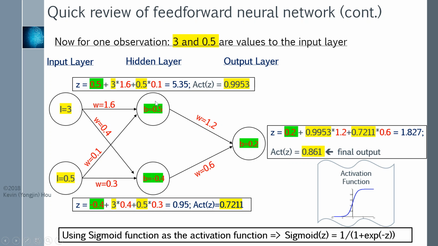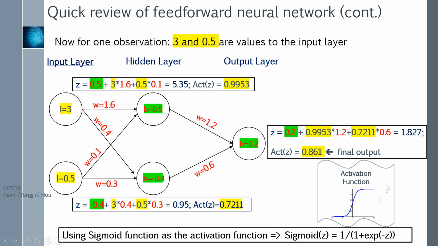We are feeding something from the hidden layer as input to here, and we know this value is 0.9953, and the weight is 1.2. Another input feeding into the final node is from here, the 0.7211, which has a weight of 0.6. Eventually, putting everything together, this linear combination returns 1.827.